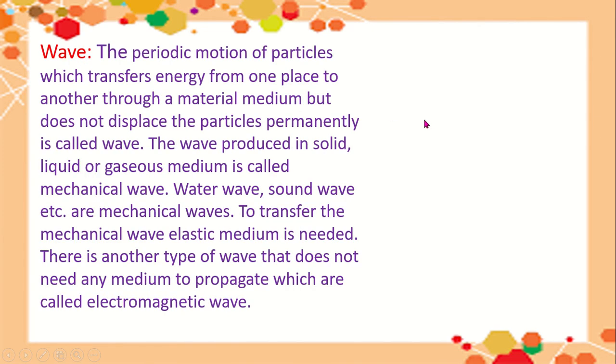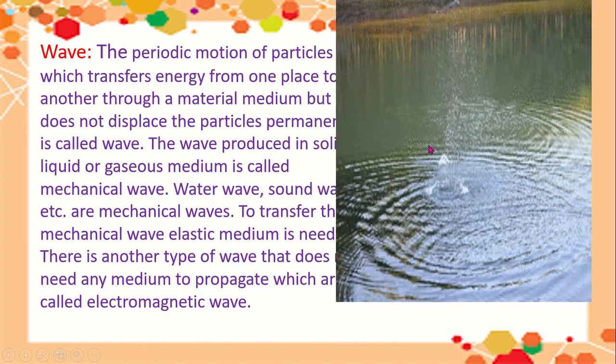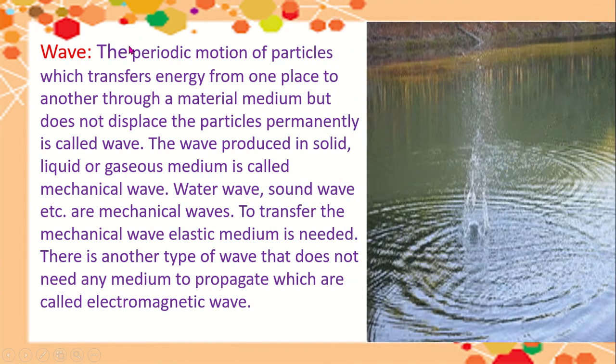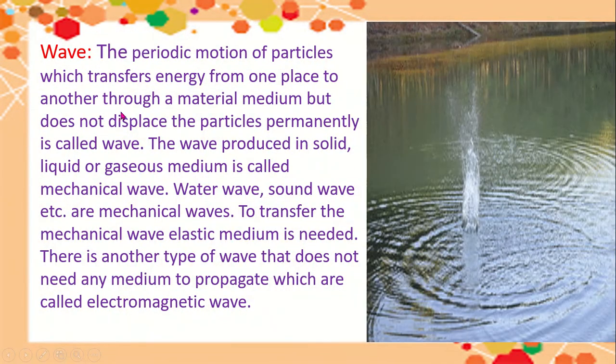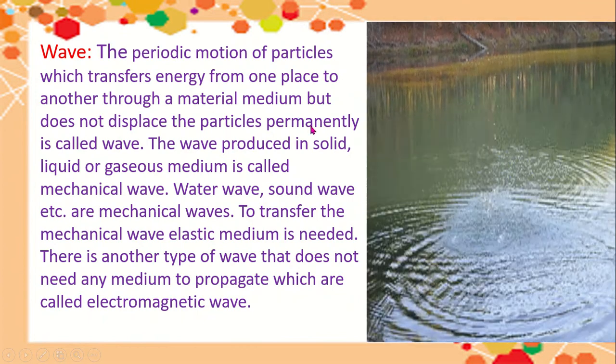Now I will explain wave. The periodic motion of particles which transfers energy from one place to another through a material medium but does not displace the particles permanently is called wave.